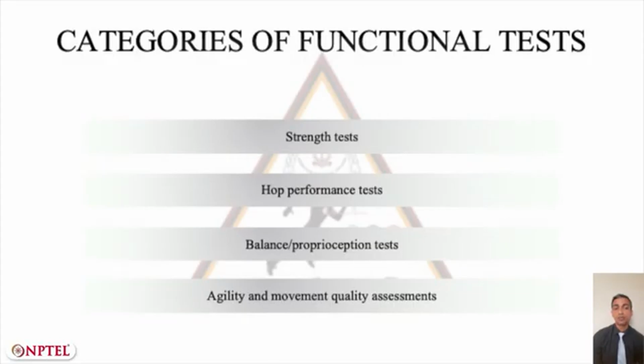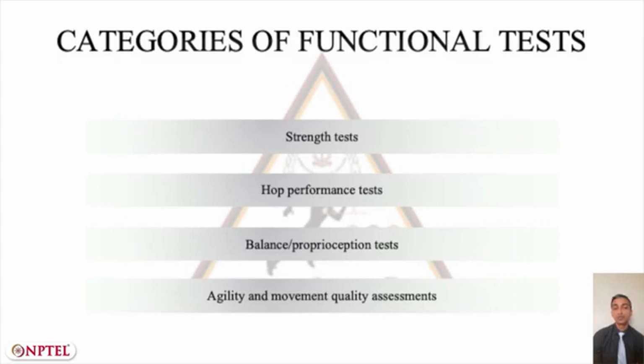Second is hop test. This test, which challenges power, symmetry, and dynamic stability, is used to compare the injured limb with the uninjured limb. The third test is the balance and proprioception test.